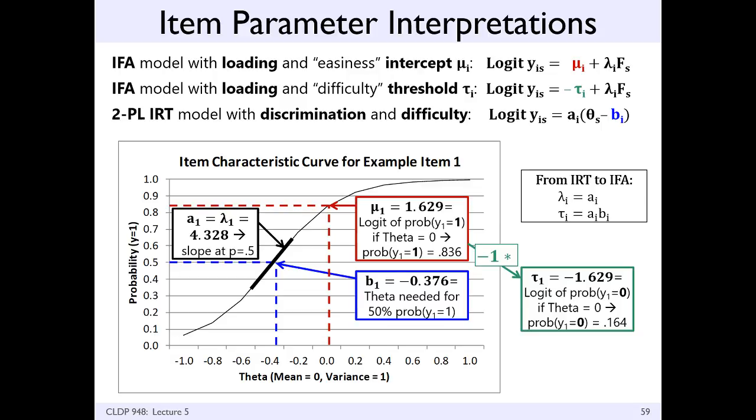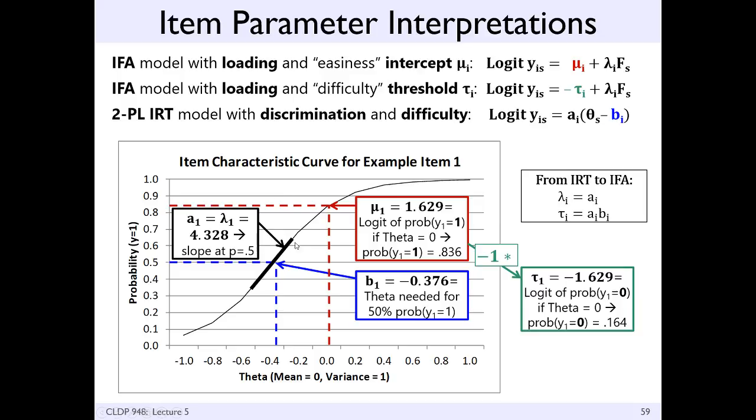So B1 is relative to a logit of 0. That corresponds to 50-50. So B1 is where the logit is 0. Intercept, right here, is the predicted logit when theta is 0.